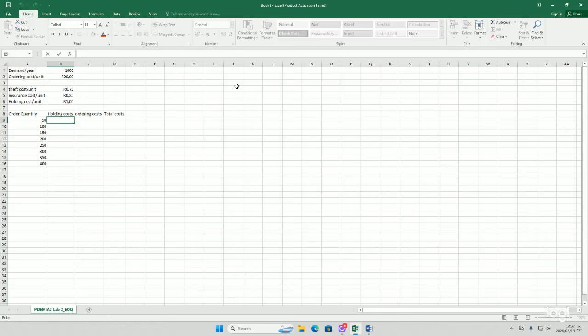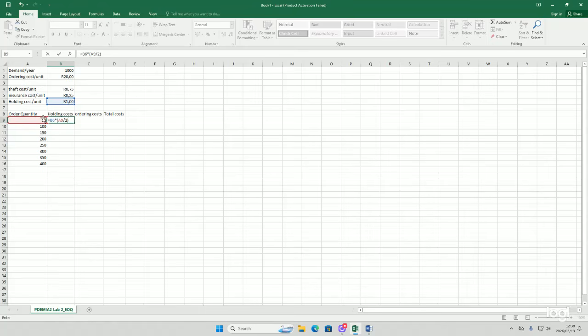So you come here and you say my formula for holding cost is my holding cost, this the total, right? Times your average inventory, which is Q divided by 2. Then you close your brackets.